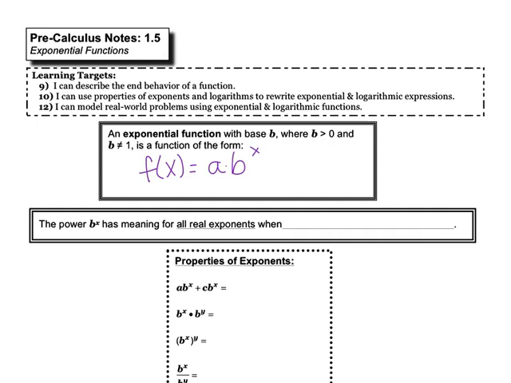We've got our coefficient a, our base of the exponent b, and the exponent itself x. So the power b raised to the x has meaning for all real exponents for all b's that are positive. So b is always positive, so we always need to have a positive base.